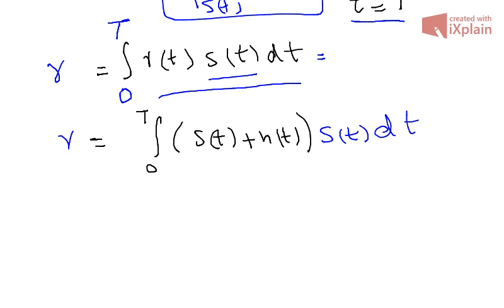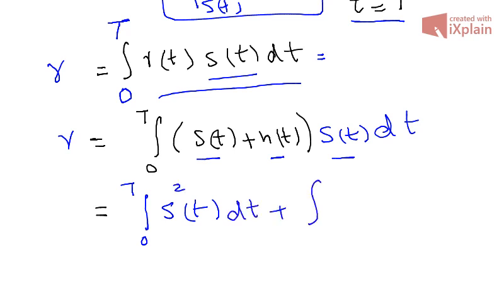If you solve this integral, you will get the square of the signal, s square of t, and another integral of n of t and s of t. So we can write it as the integral from 0 to capital T of s square of t dt plus the integral from 0 to capital T of n of t s of t dt.